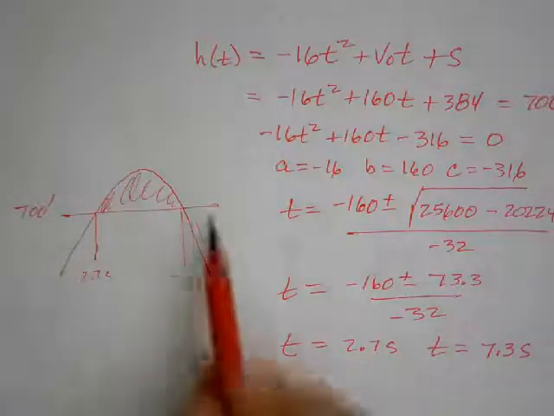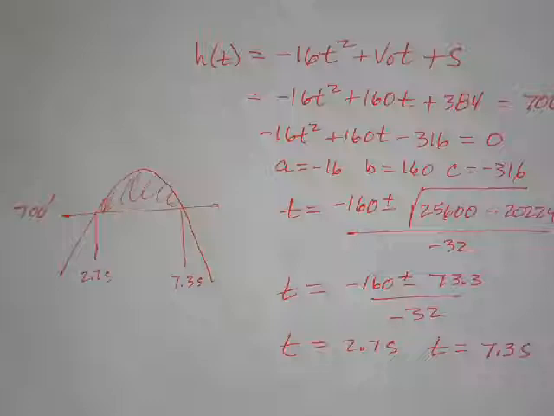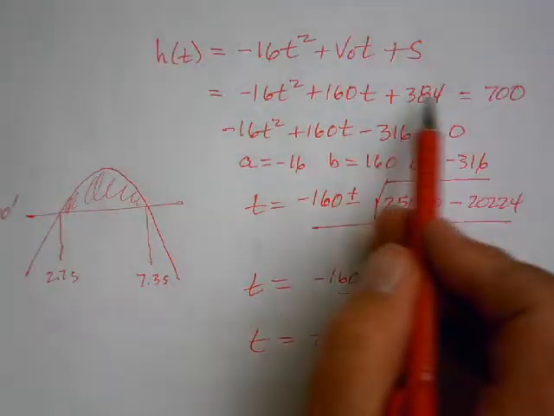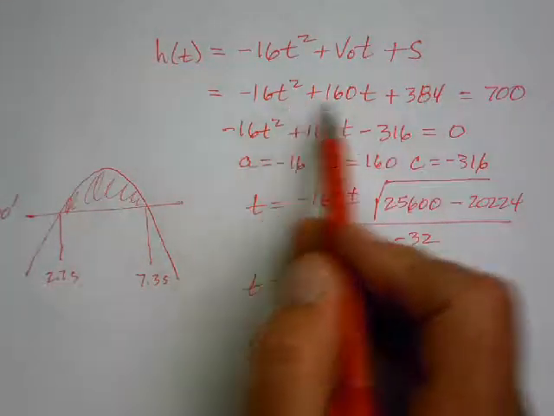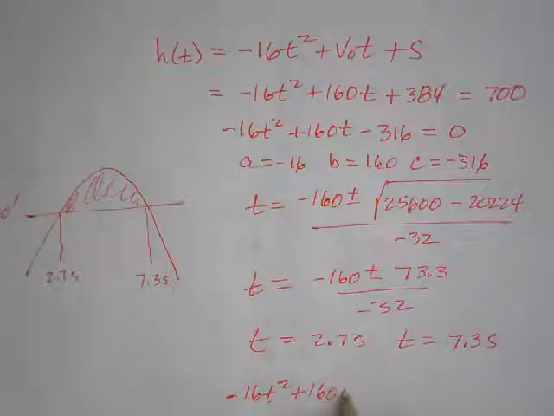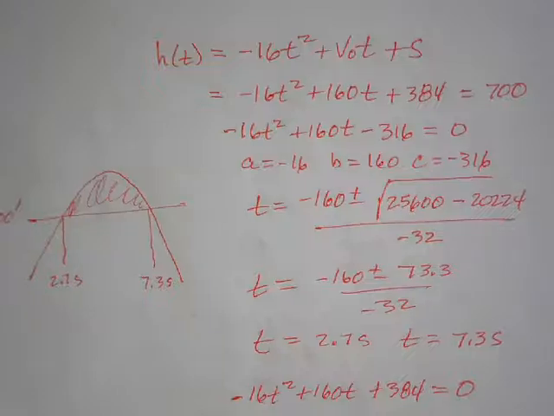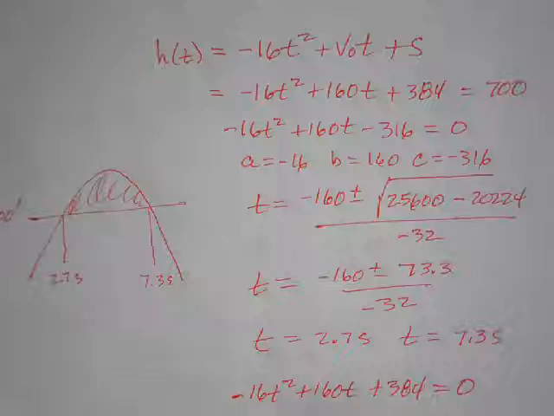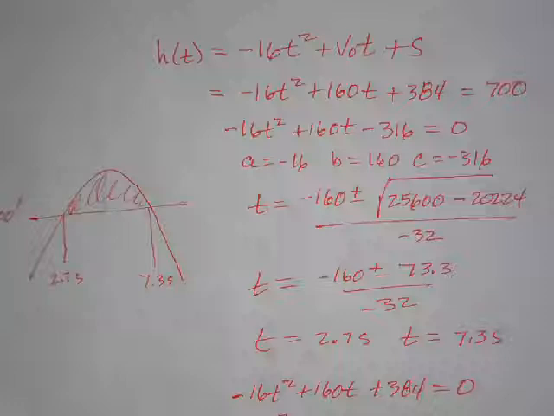Second part is how long will it take to hit the ground? So in that case, instead of what we used to begin with, hitting the ground, it'll be at 0 height. So instead of 700, we would have negative 16t squared plus 160t plus 384 equals 0. We can divide everybody by 16 in this case. So we're left with t squared minus 10t minus 24, minus because we're taking out a negative 16.